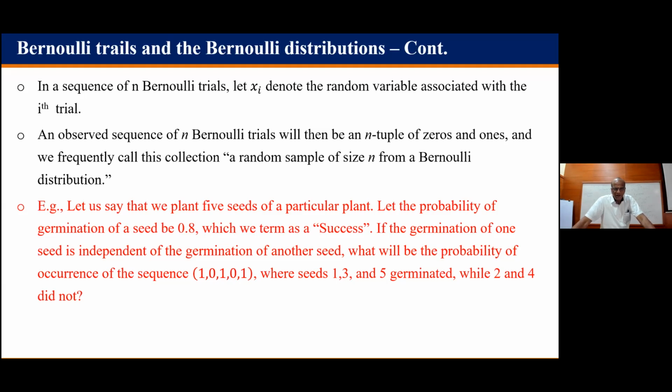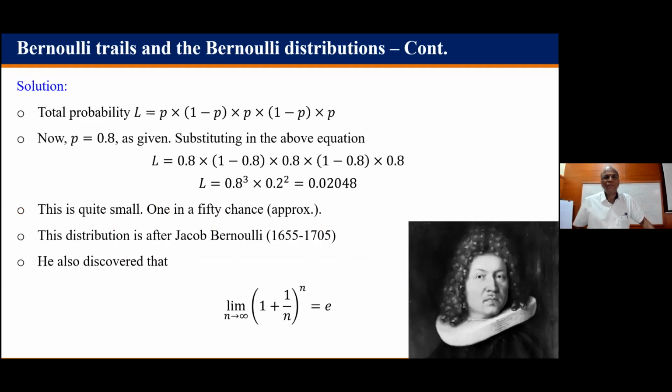So the joint probability will be the multiplication of the individual probabilities: 0.8 into 0.2 into 0.8 into 0.2 into 0.8. So total probability is given by p into 1 minus p into p into 1 minus p into p. It is 0.02. It's a 1 in 50 chance, so it's a small chance to get that sequence.